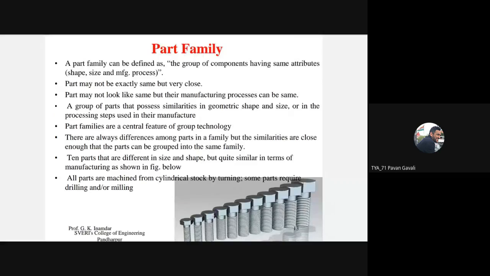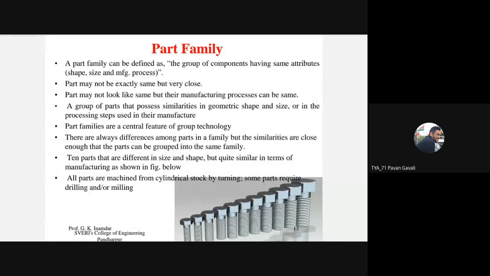Suppose we take one example: a Hero or Honda bike, any bike you can take as an example. Does that industry manufacture all the parts? No. Why?